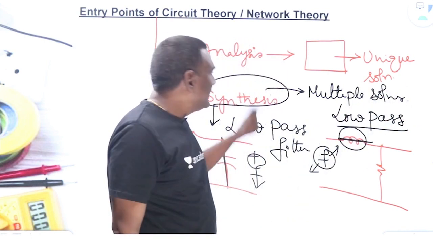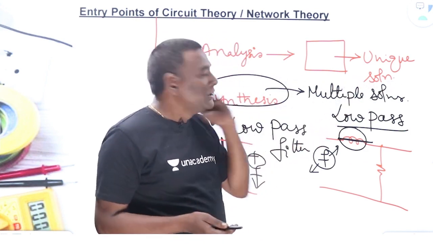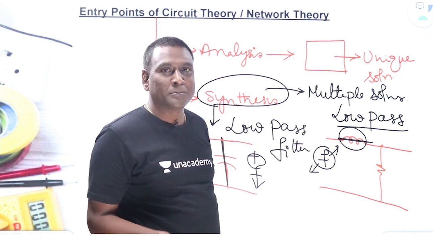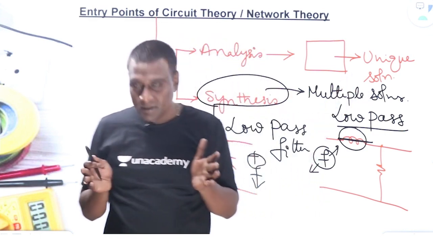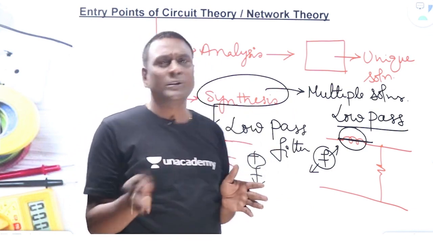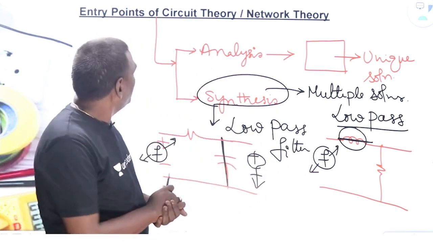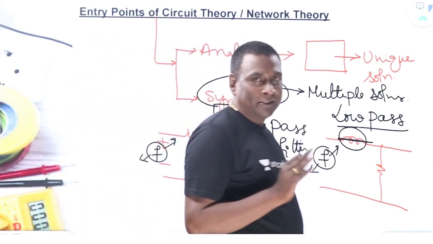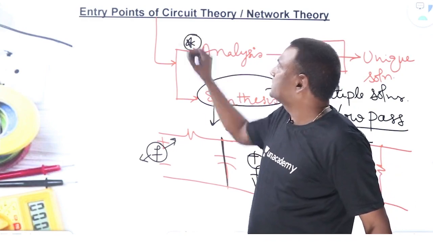So that's why they cannot keep it in ABCD options, objective. They can keep these questions only for descriptive. But here in analysis, our main focus is network analysis or circuit analysis, because I told you I can use network or circuit interchangeably. Now this is going to be the entry point. Our main focus from now onwards is analysis.